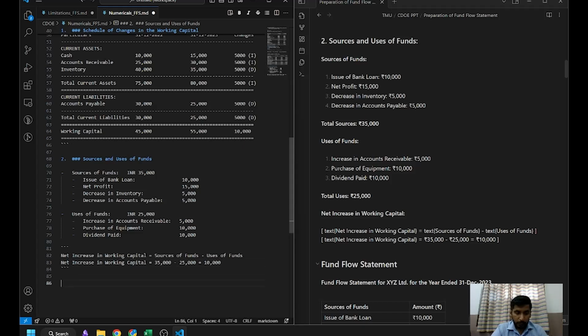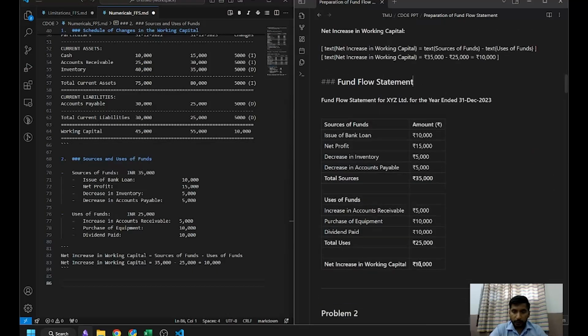Okay. Then, in the next step, we will make the fund flow statement.